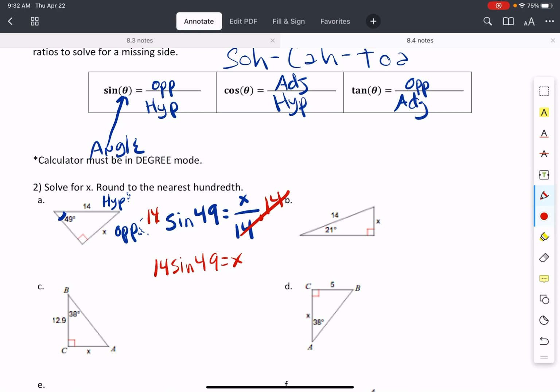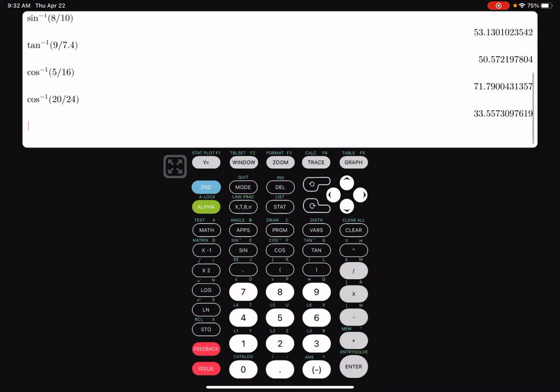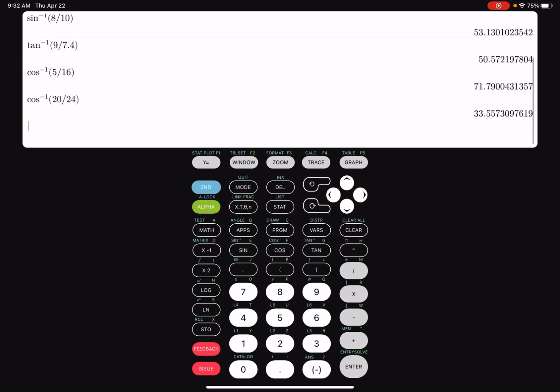And then I'm going to get out my calculator. Double check, I'm in degree mode. And I do 14 times the sine of 49. And I got 10.57 because the 5 after the 6 rounds it up, right?